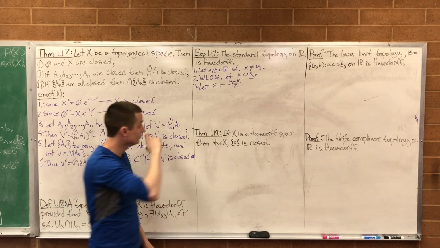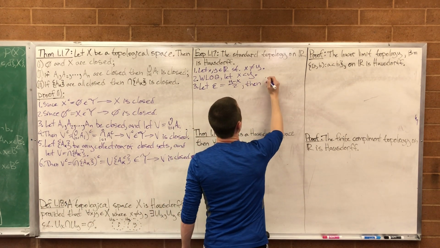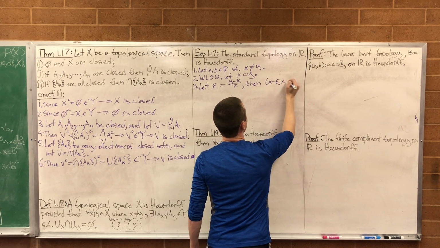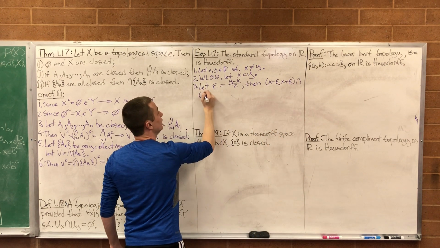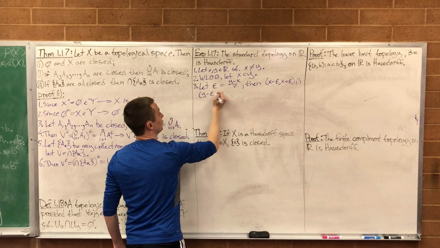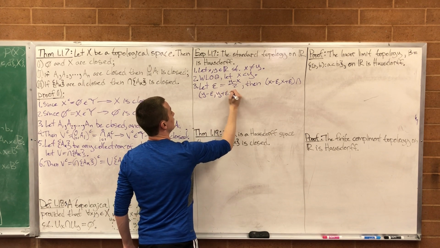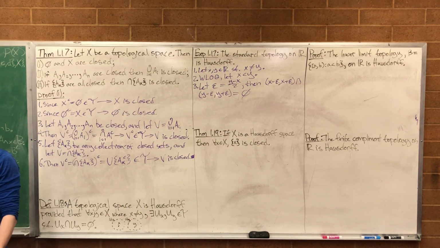Then the interval from x minus epsilon to x plus epsilon, intersected with the interval from y minus epsilon to y plus epsilon, is equal to the empty set. Those are two disjoint open intervals.